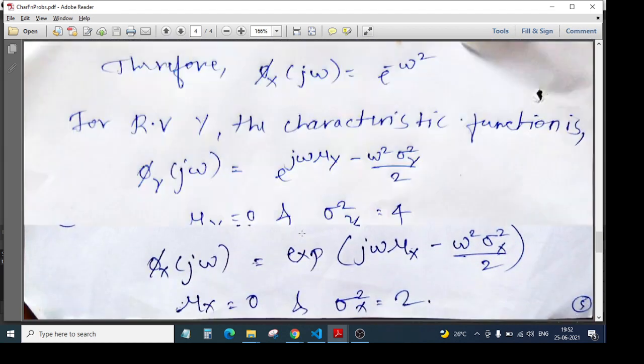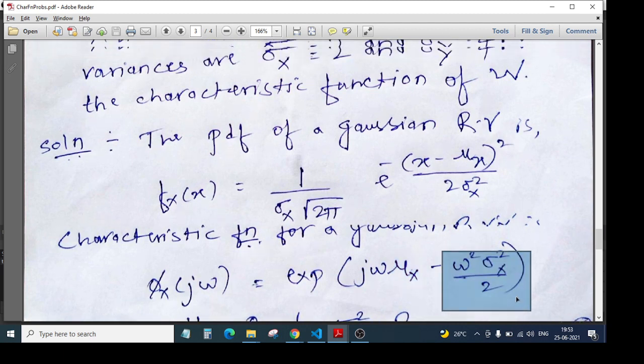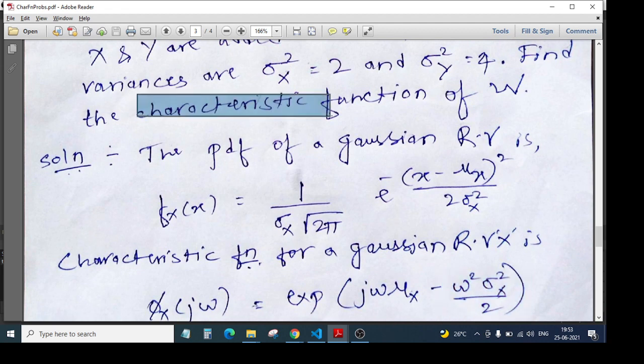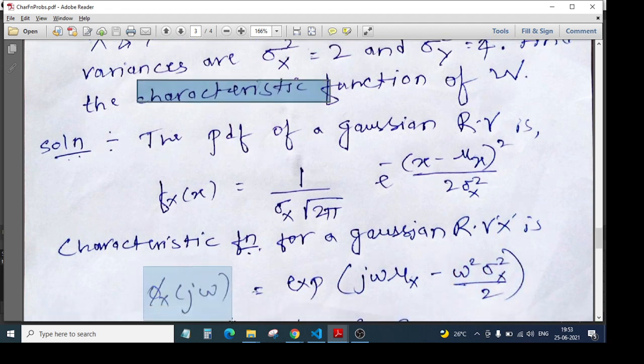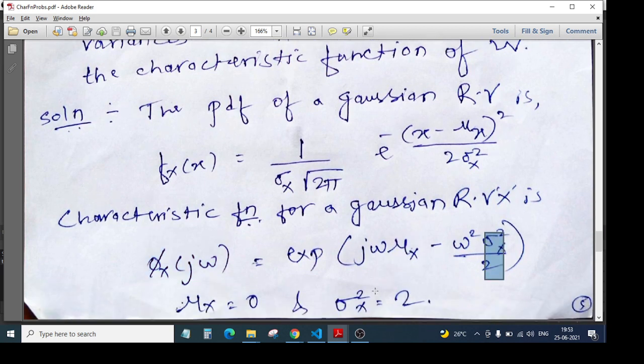And its characteristic function is also a formula which you need to remember, which is phi of x j omega is equal to e raised to j omega mu x minus omega square rho square x by 2. So we are interested in finding the characteristic function of w. That means we should know this phi x of j omega.